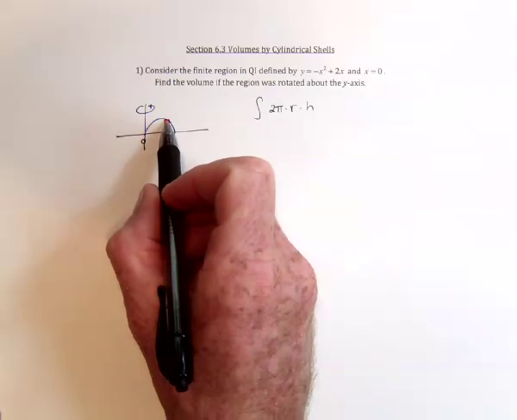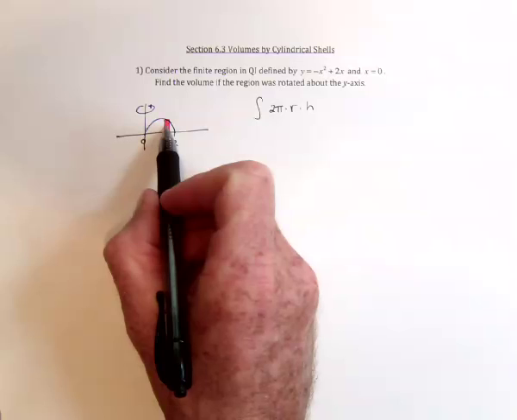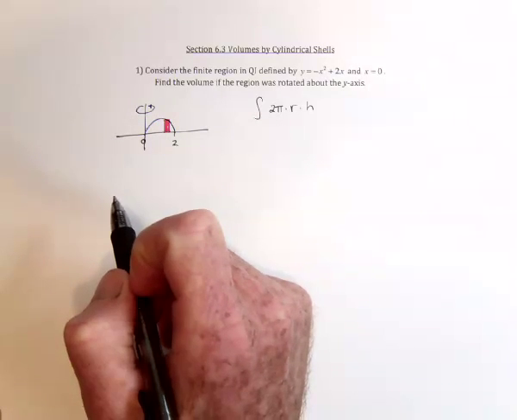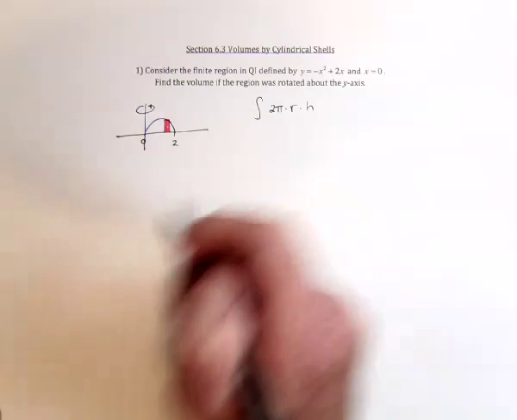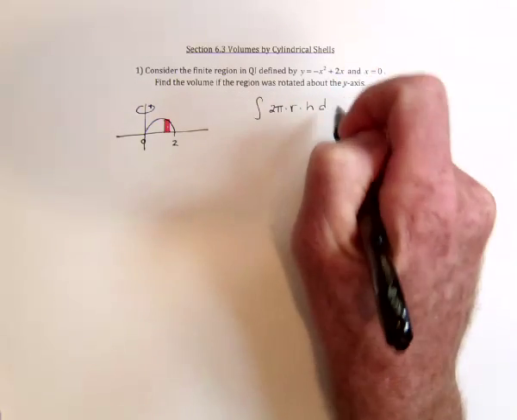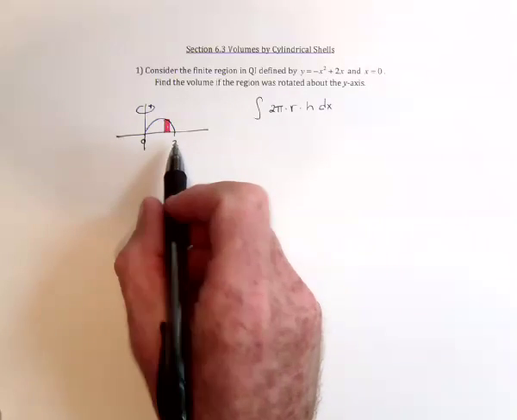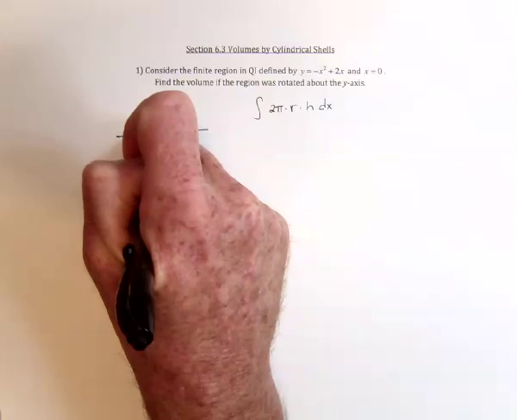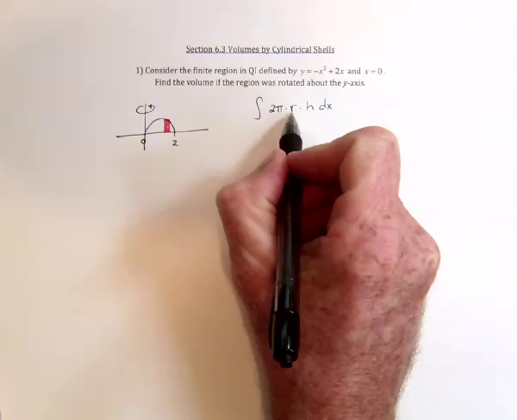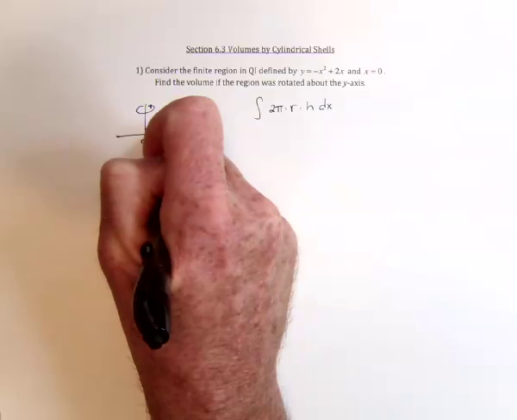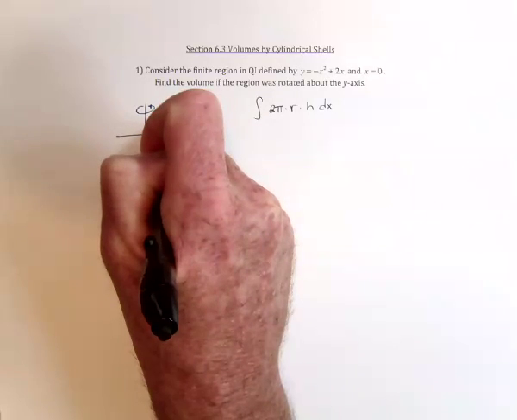And so the height, how far you're holding it out, and then 2 pi is going to give the volume of that particular shell. And then add all those up. So in this case, it's going to be with respect to x, and x going from 0 to 2. So it's important to remember that the axis of rotation, from the axis of rotation out to the object, that is r.